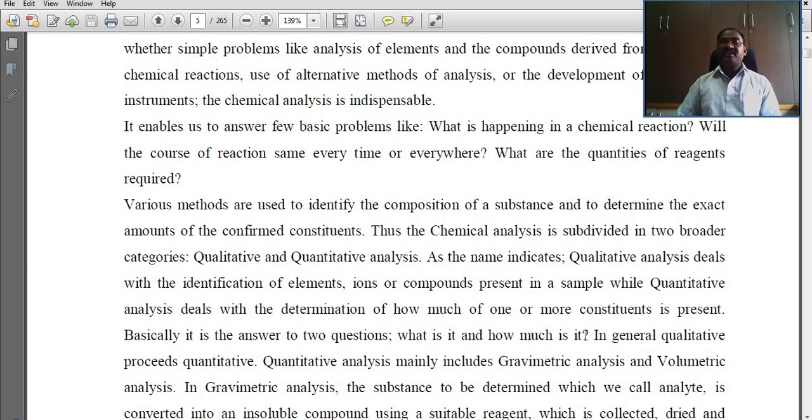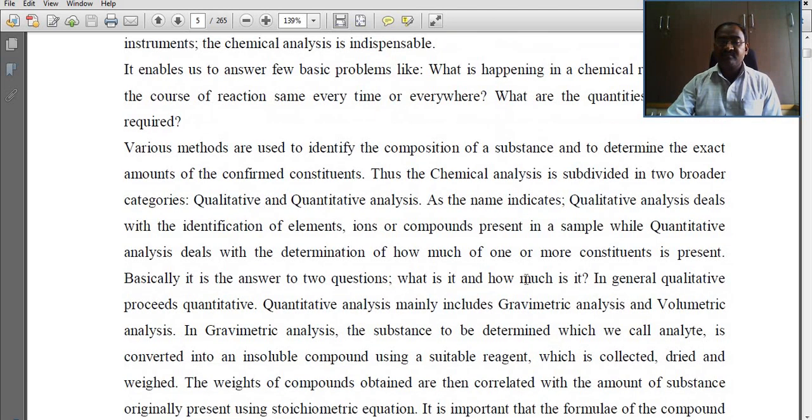The various methods are used to identify the composition of a chemical substance and to determine the exact amount of the constituents. The chemical analysis is subdivided into 2 broader categories.